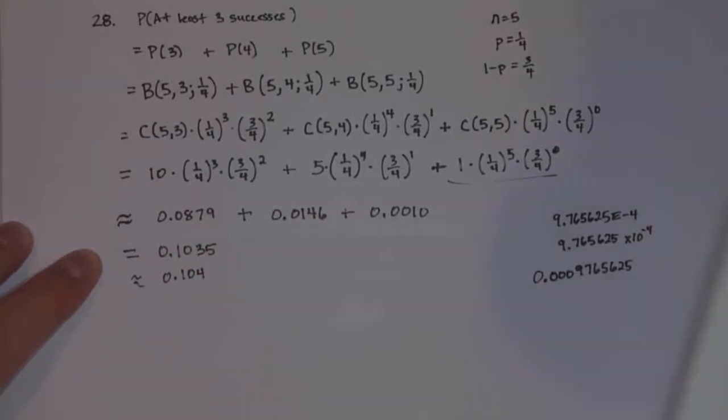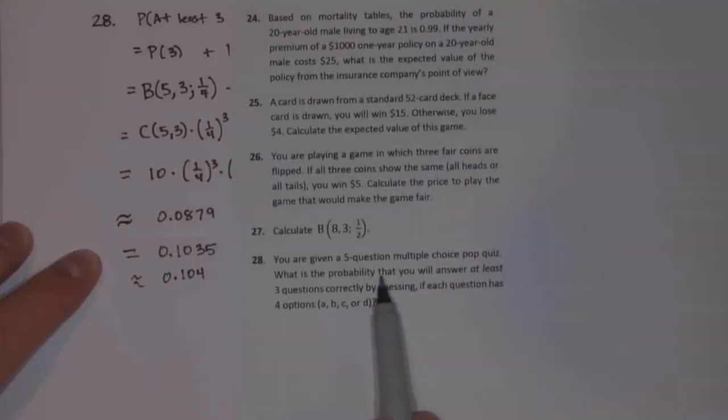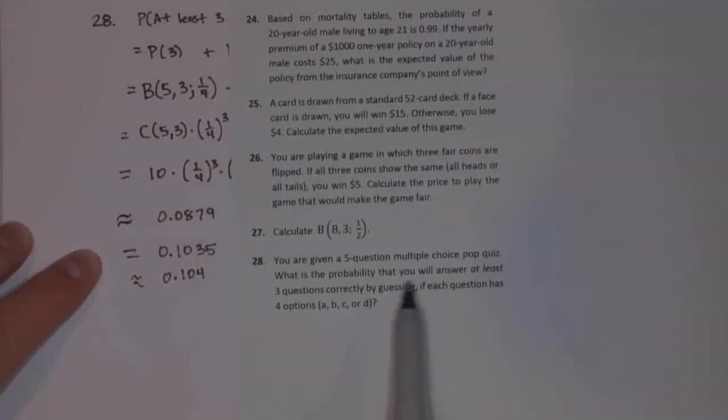So if you are given a 5-question multiple choice pop quiz, the probability that you will be able to guess at least 3 questions correctly is going to be 0.104 if you have 4 options for each question. So about a 10% chance of guessing at least 3 questions correctly.